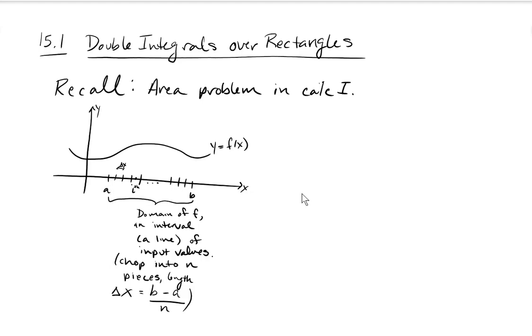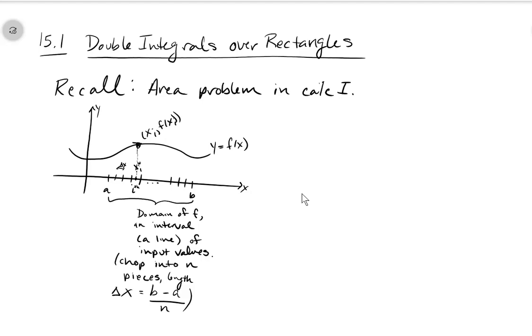Taking an arbitrary one, the ith one, we take some point in there, usually called x i star, a sample point, and then we see how tall the function is at that sample point. The function height would be f of x i star.